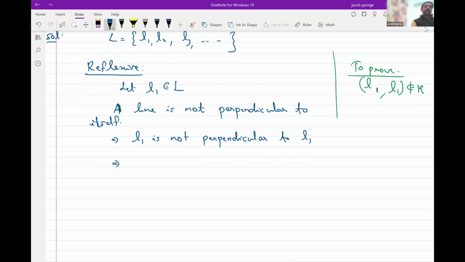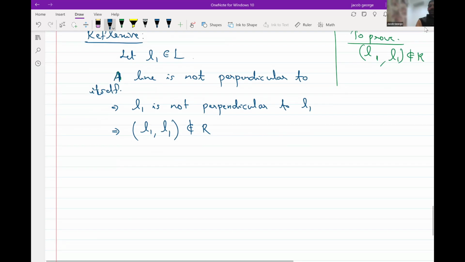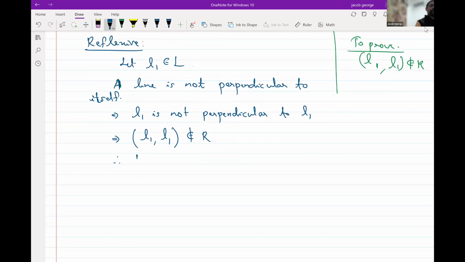That means L1 comma L1 is not an element of R. Therefore, R is not reflexive.